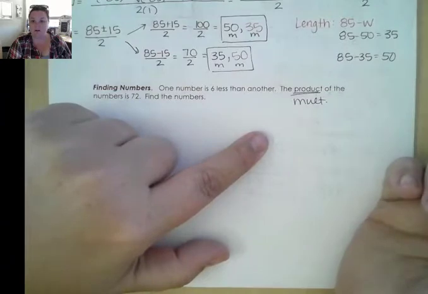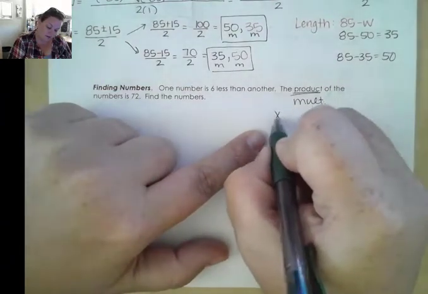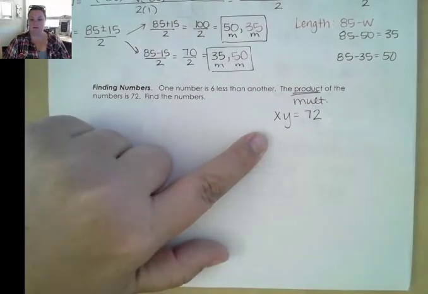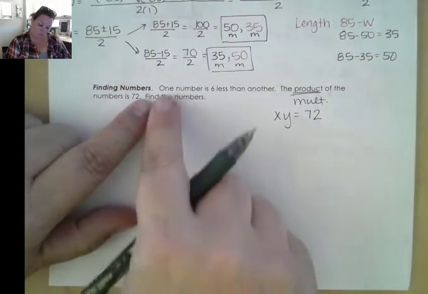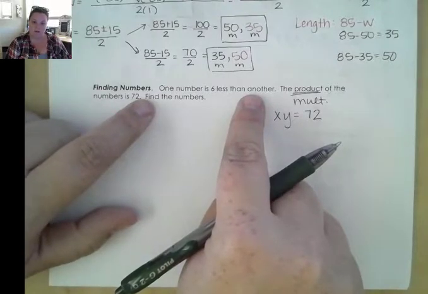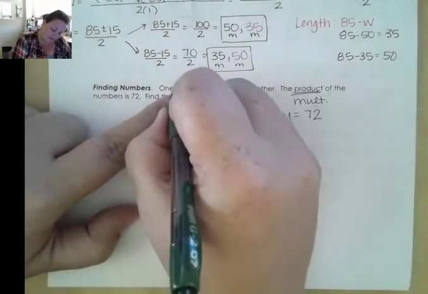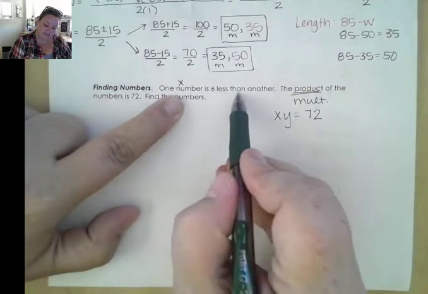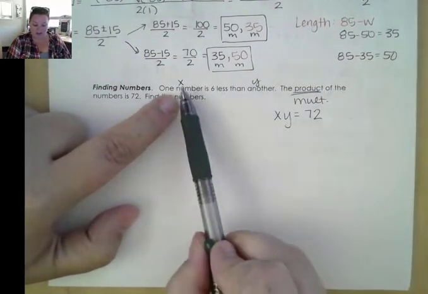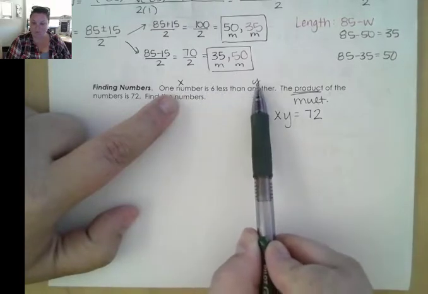Let's just call our numbers x and y. So if we do x times y, we get 72, right? But then it also says one number is 6 less than the other number, right? So one number, let's say x, is 6 less than another. So that one's y. So how do I write that x is 6 less than y?